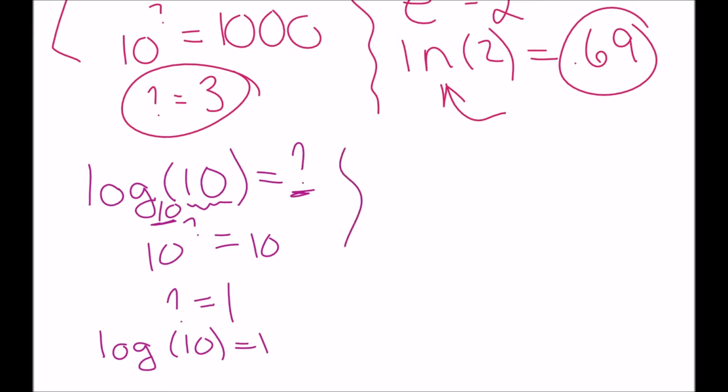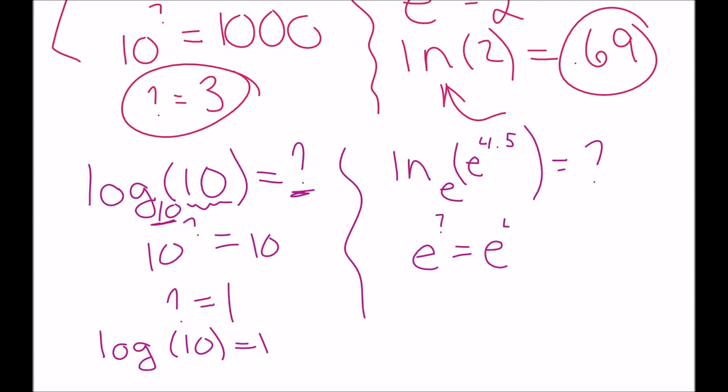So that's your answer. And then over here, let's say we have ln of e to the 4.5. And we want to know what this equals. And of course we can put e here for our reference. And so we would know that e raised to what power equals e to the 4.5. Well, if it has to equal e raised to something, we know that the question mark's got to be 4.5.